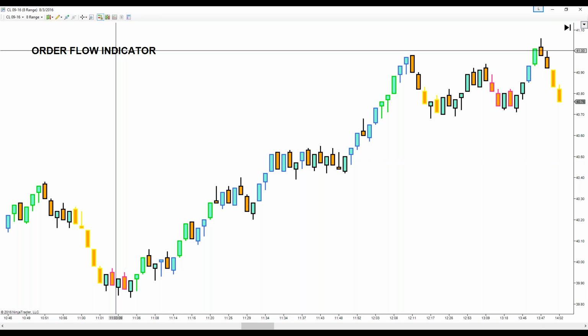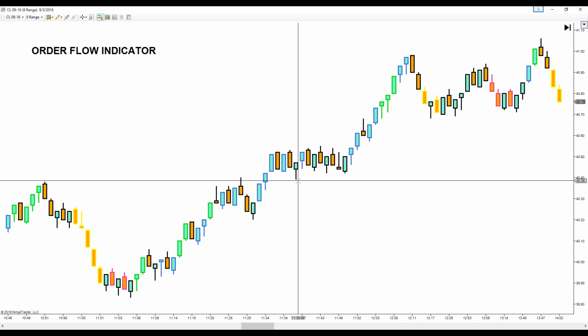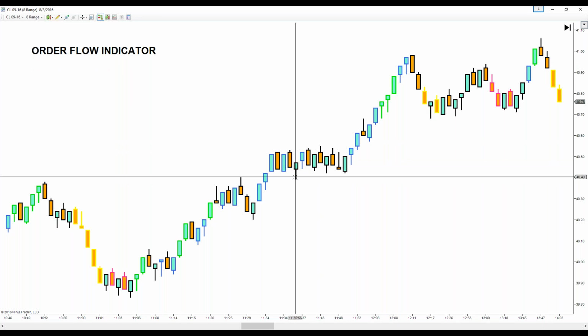This order flow indicator is not assessing order flow from anything that's taking place on your trading chart. It's assessing order flow from your 2 higher time frames.